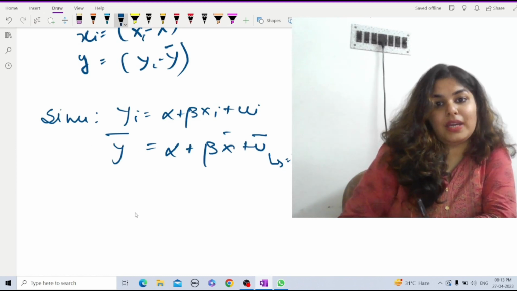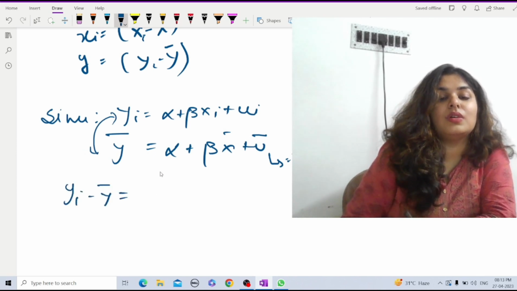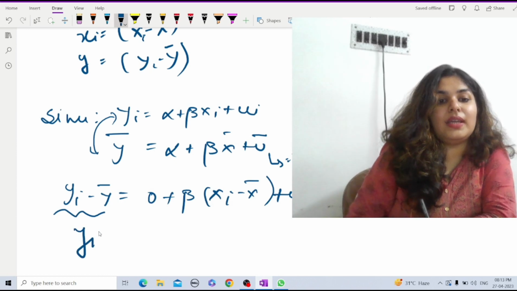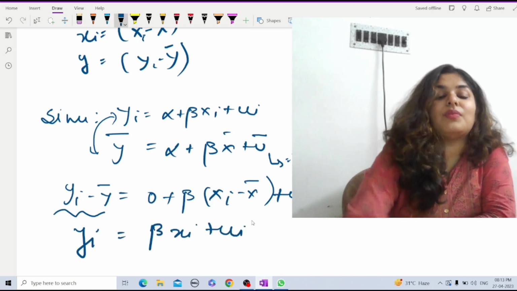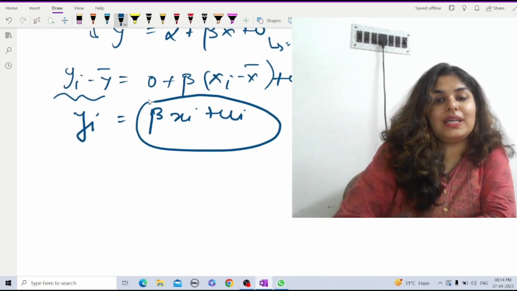Now if we subtract these two, what do we get? yi minus y bar is equal to, alpha gets cancelled, 0 plus beta into xi minus x bar plus ui. Now this is small yi equals beta into small xi plus ui. So from here I can write that yi is equal to beta xi plus ui.